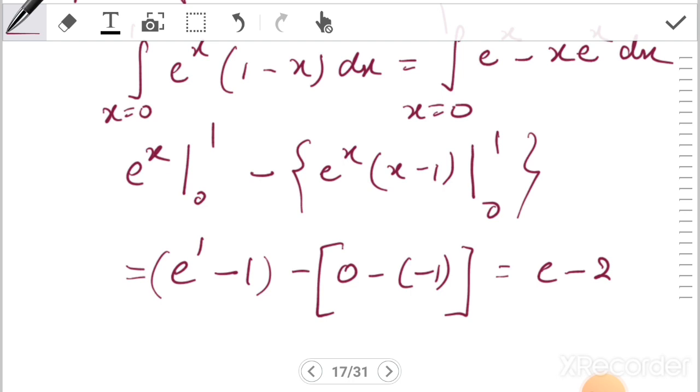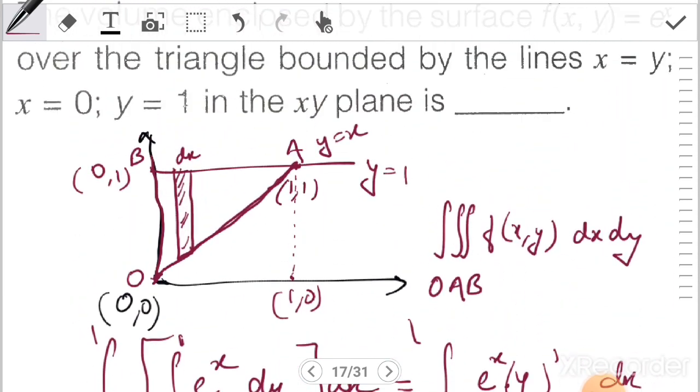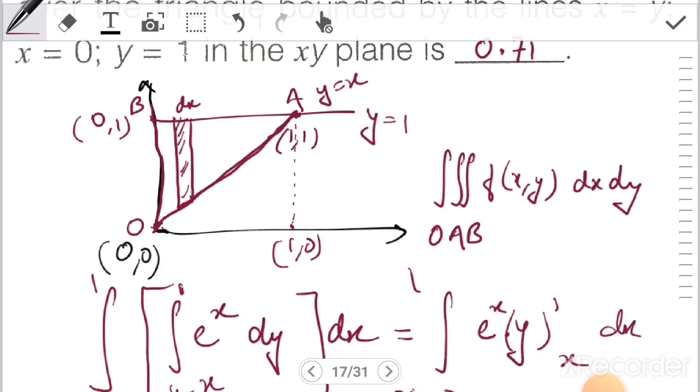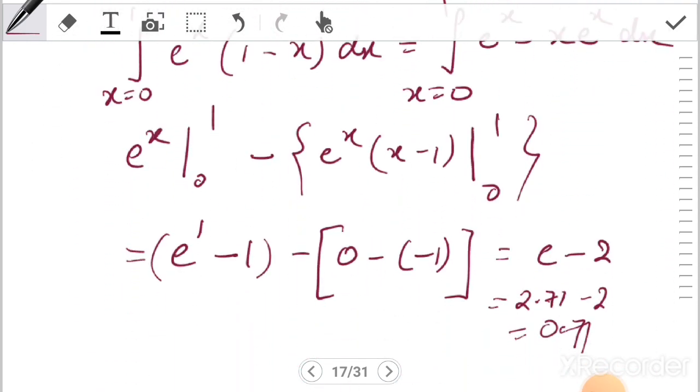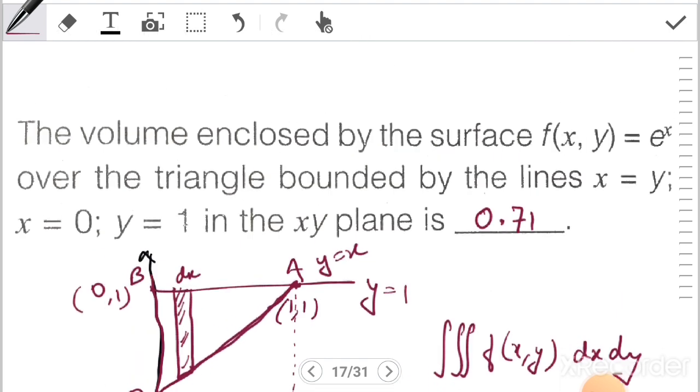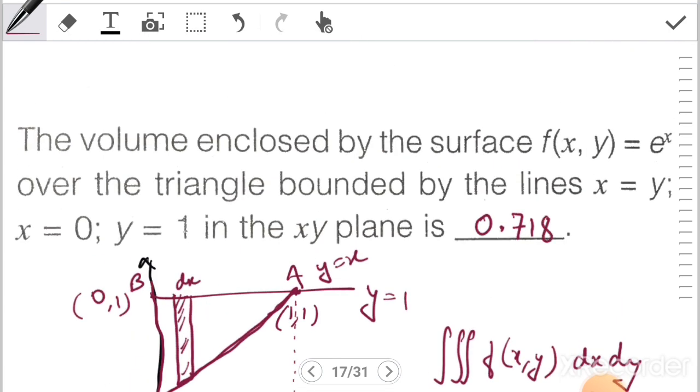Okay, so the value of e is 2.71 approximately, minus 2 which is 0.71. So the answer is 0.71. So you can take 0.718. So the answer is 0.718. Yes.